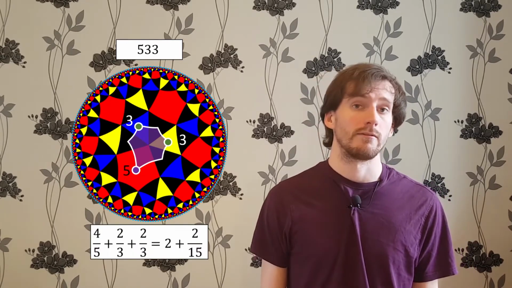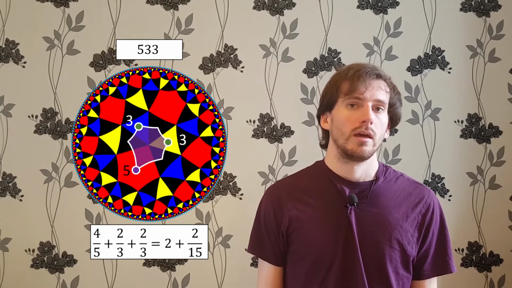As before, each of the features comes with a cost. For the Euclidean plane, the cost always added to exactly £2. On the sphere, it's always cheaper than £2, and perhaps unsurprisingly on the hyperbolic plane, it's always more expensive than £2.